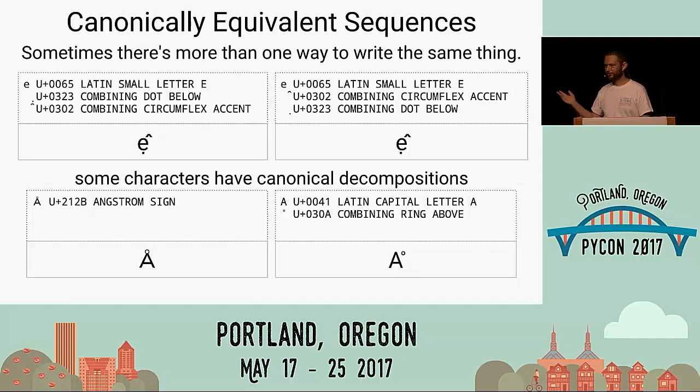So some legacy encoding made angstrom sign a separate character from just A with a ring. Even though that doesn't really make sense, we don't have characters for meter sign, it's just m. You just use lowercase m. So Unicode encodes it, but it has a canonical decomposition, which is basically saying it's always exactly the same as this other sequence. In this case, a capital A with a ring above it.